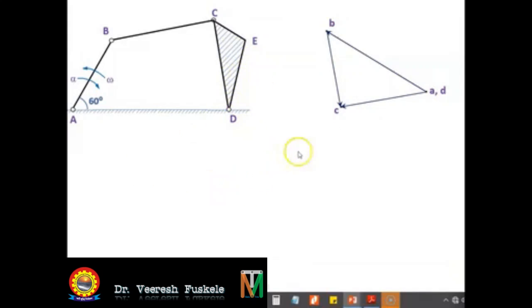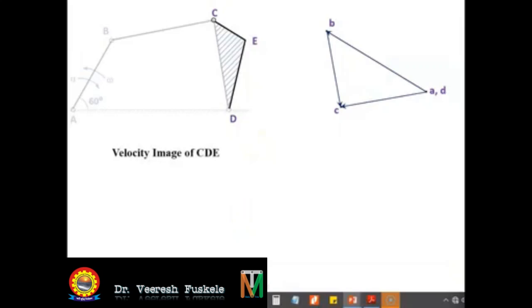So in order to draw the velocity diagram of the ternary link CDE, we will find out the velocities of CE and DE by utilizing the properties of the similar triangles. So we will see how to do that. So we have to draw the velocity of point E in the velocity diagram. So we find out the velocity image of ternary link CDE.